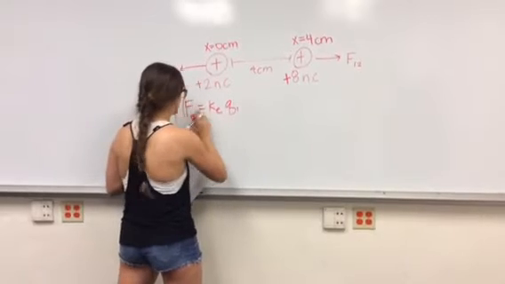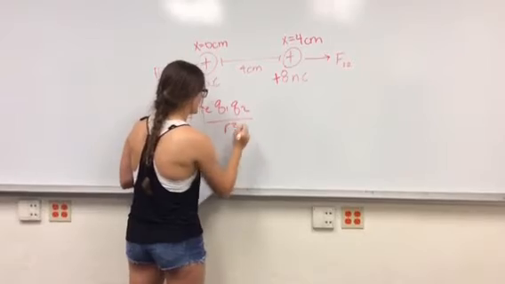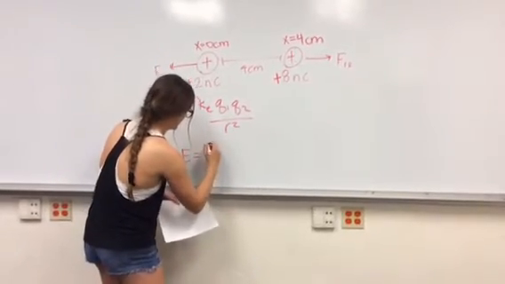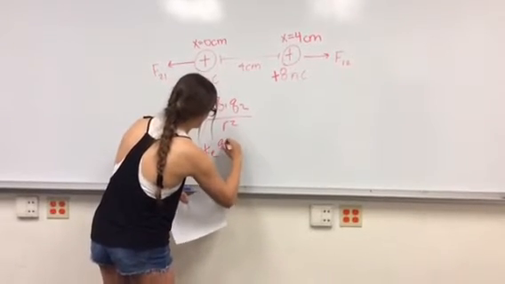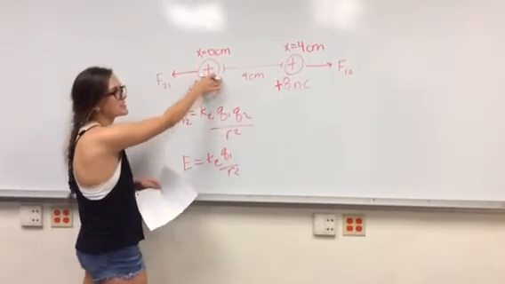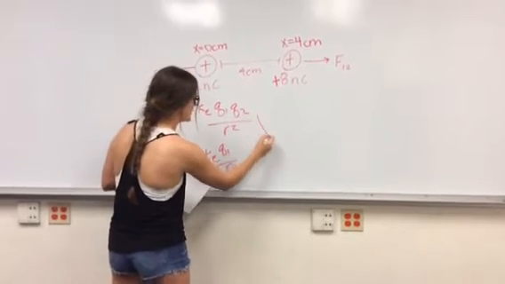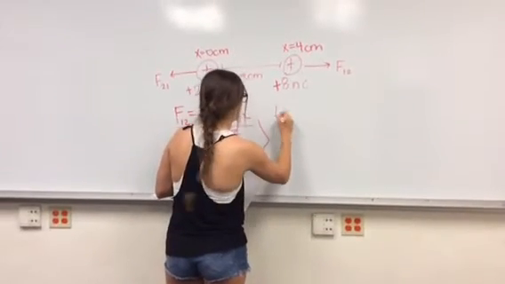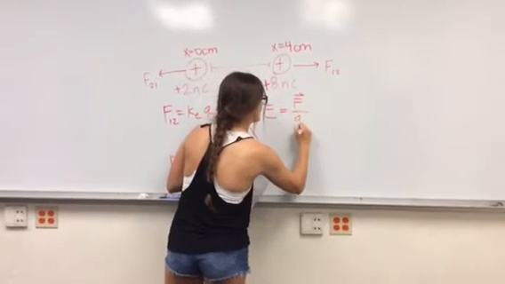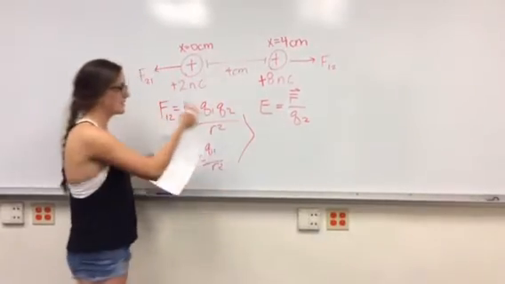So F1 on 2 equals k Q1 Q2 over r squared, and then we look at the electric field equation, because this is the electric field that this charge is exerting on that one. And so if you take these two equations, you come to the electric field is equal to the magnitude of the force all over the point charge, which in our case is Q2.